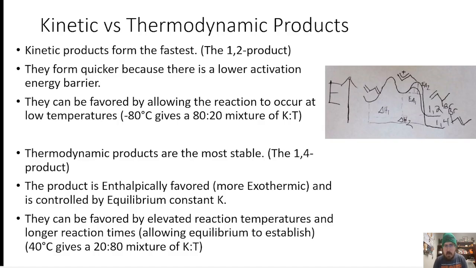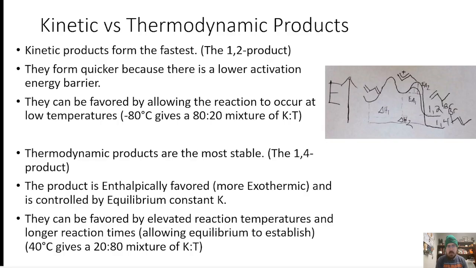So one of the ways we can favor forming the 1,2 product is running this at a very cold temperature. Cold temperature means the reaction goes slower, and only reactions that have enough energy to overcome the activation energy barrier are going to form.